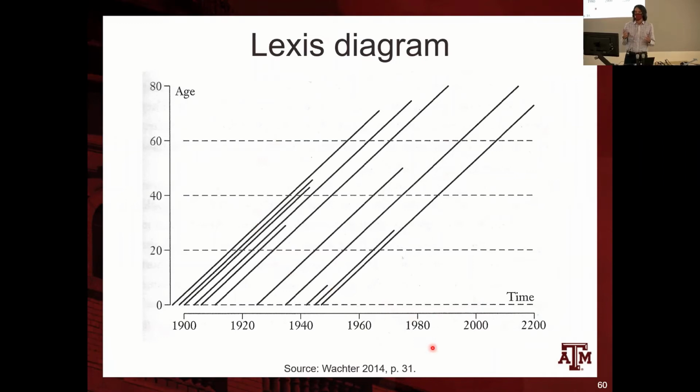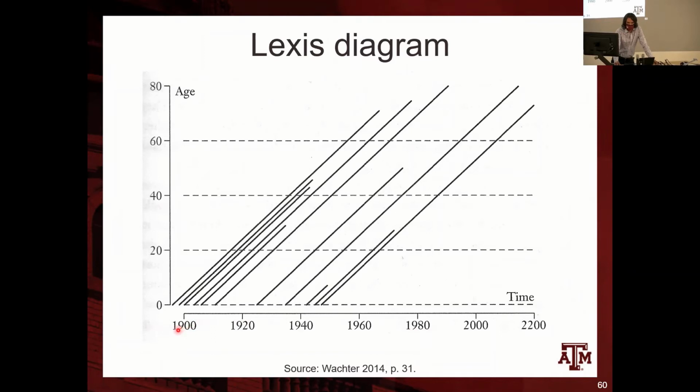But what is interesting about this Lexis diagram? How many people between 1900 and, we expect, up to 2200 will have reached the age of 20 based on data from this graph here? Can we answer that question with the Lexis diagram?